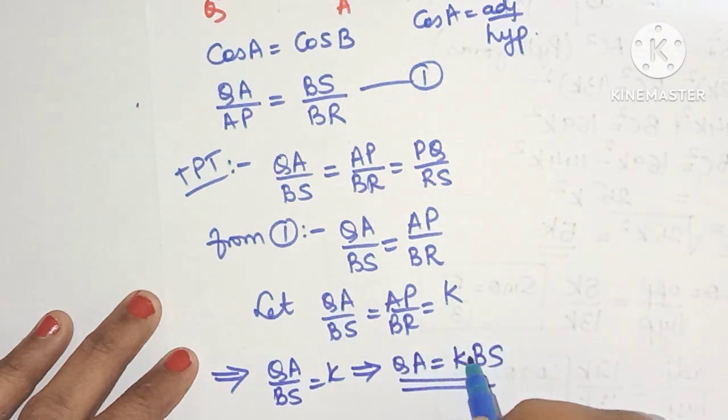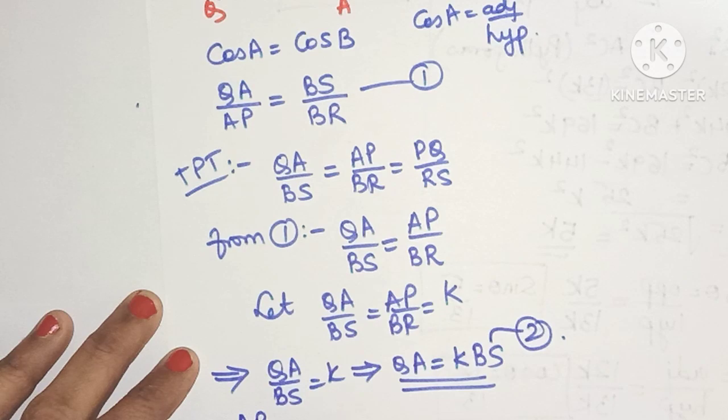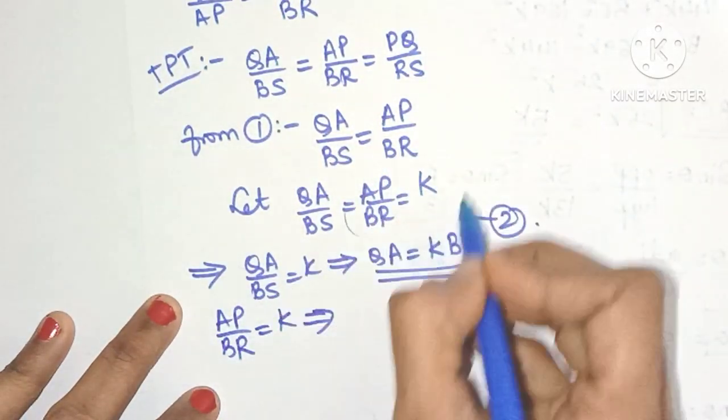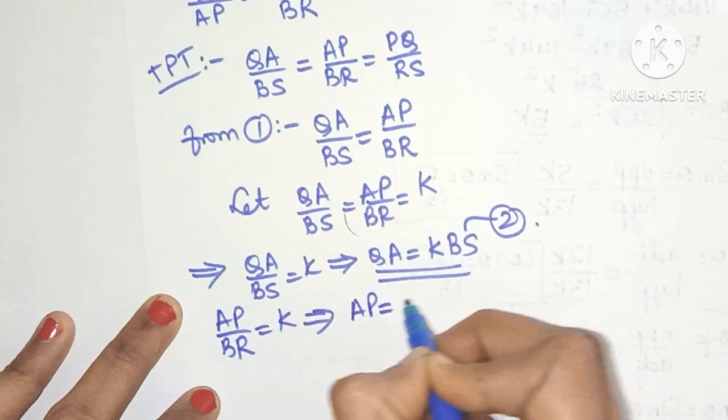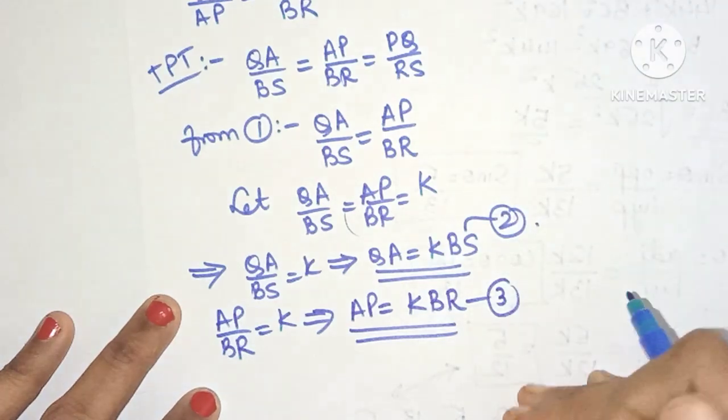Just remember this is K into BS. Okay, let me call this as 2. Also, I can say AP by BR over here is equal to K. See, I'm just using this. So AP is nothing but K times BR. Okay, I hope you understood till here.